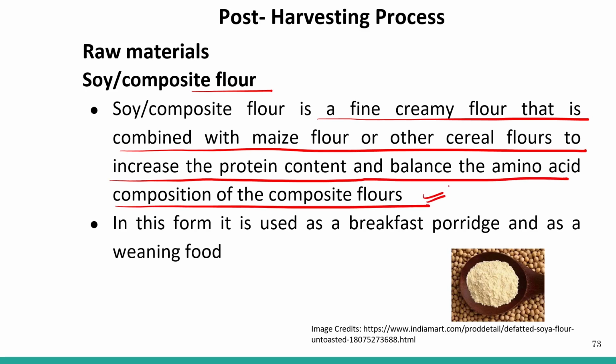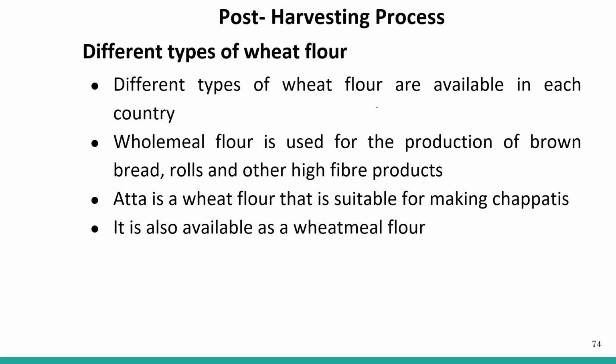So this is used along with some other flour; we can combine this soya composite flour with maize flour or other cereal flour like wheat flour also. In this form, it is used as a breakfast porridge and as a weaning food. So this is very, very important, soya composite flour.